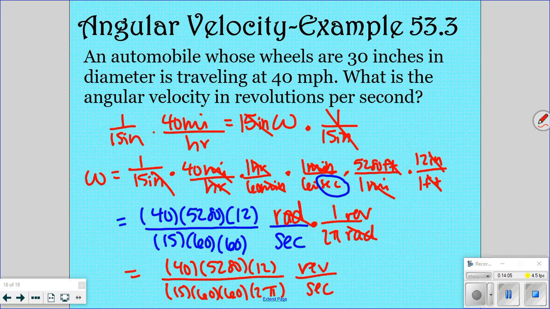So that would be your answer there. So hopefully that helps you a little bit with your angular velocity. You have to be very careful on the radians part. Radians is the only one that you can drop in or take out if you need it or don't need it.